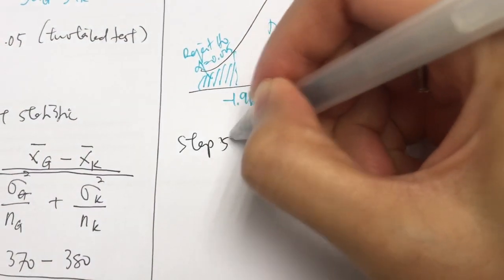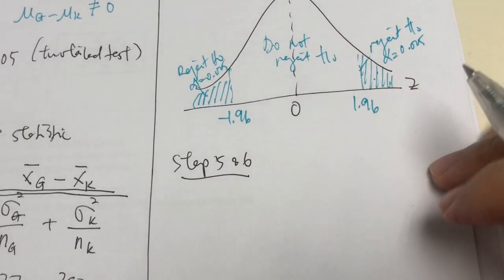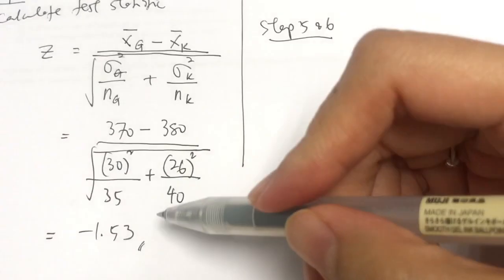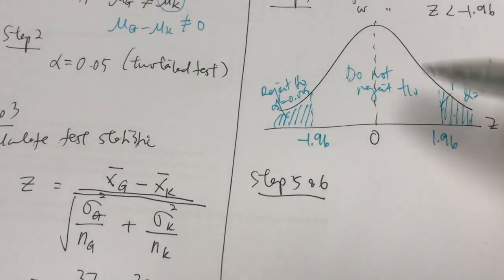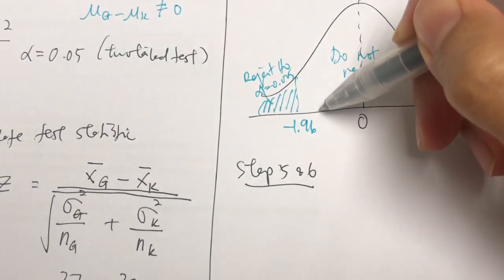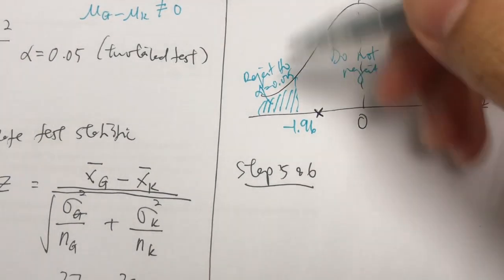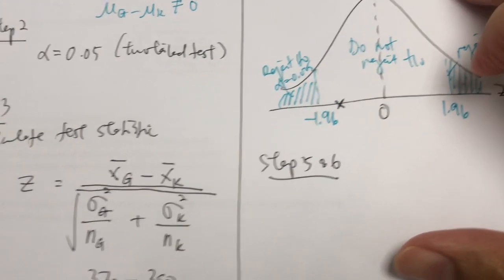Next is step 5 and 6. We can put it together. So we want to compare where our test statistic is compared to the rejection or acceptance area. So we can see minus 1.53 lies here, guys. Minus 1.53 falls in the acceptance area. So what we do is we need to not reject the null hypothesis.